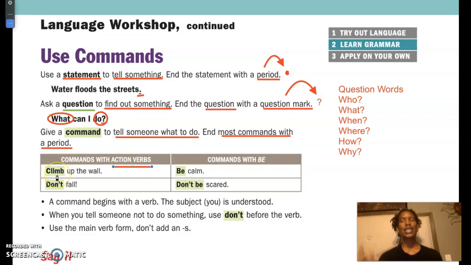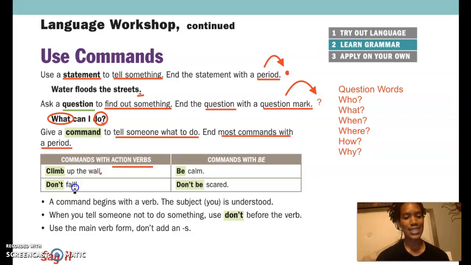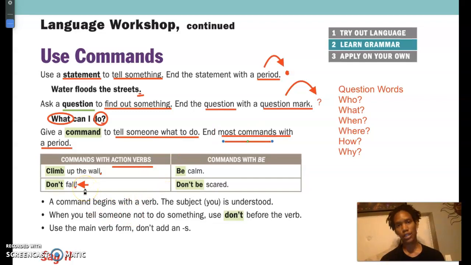Our first one is climb up the wall. And as you can see, it has a period, right? Our next one, don't fall. It doesn't have a period, but it has an exclamation point. Okay, but it's still a command. As you see, most commands end with a period. Not all of them. This one has an exclamation point, but it's still a command.